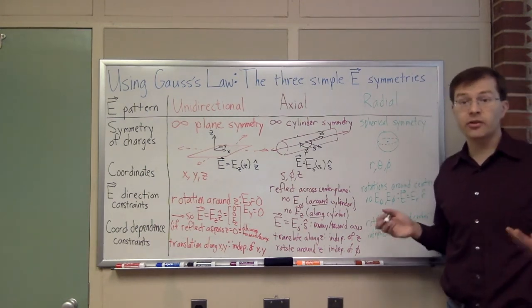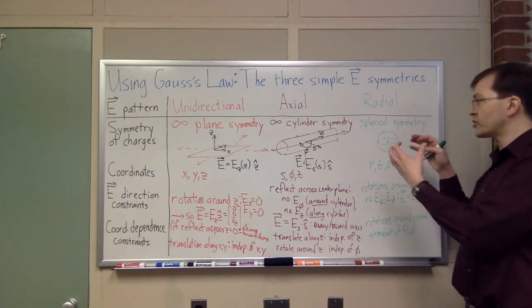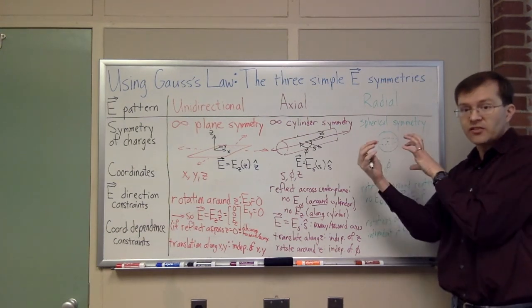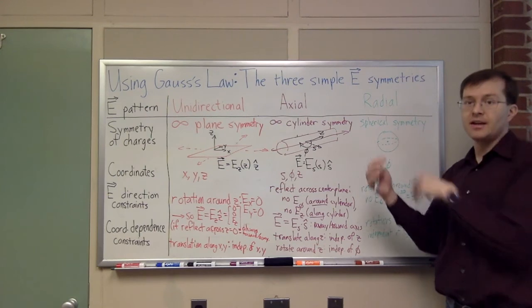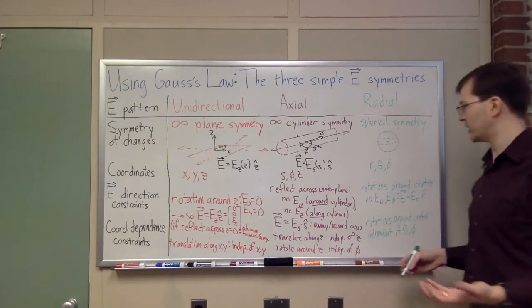Again, this is just spherical symmetry. If the charges are independent of that, then rotating the sphere can't make the charges look any different, and that means the electric field can't look any different.